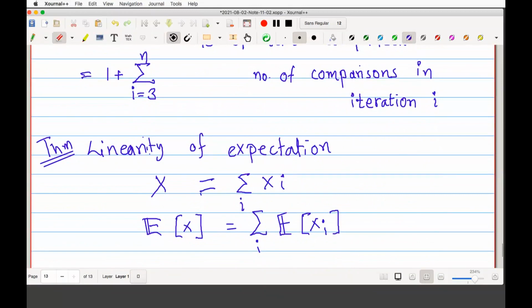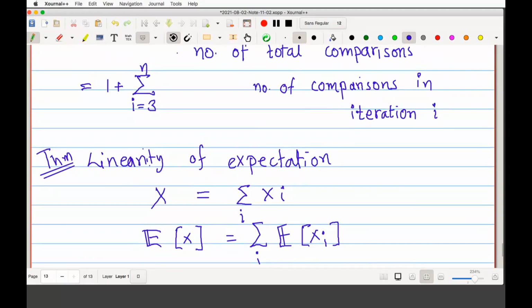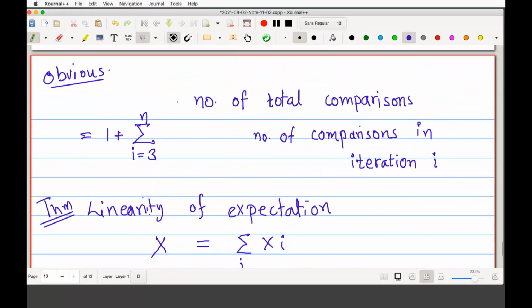This equation is true with probability 1. That's the point, and that's why you can apply expectation on this equation. Okay, sir, understood. Any other questions?